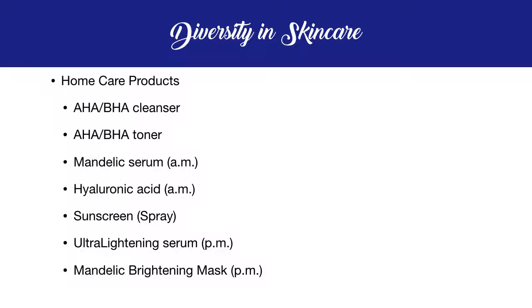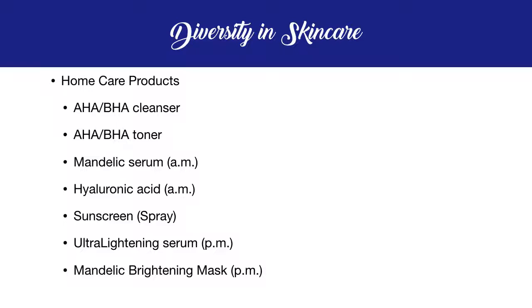So for the night regimen, after the cleansing and the toning, I would add the ultra lightening serum, and that would be on the affected area. In the case of this client, it would be basically all over the skin, because as you can see by the photo, they have a lot of hyperpigmentation on the face.